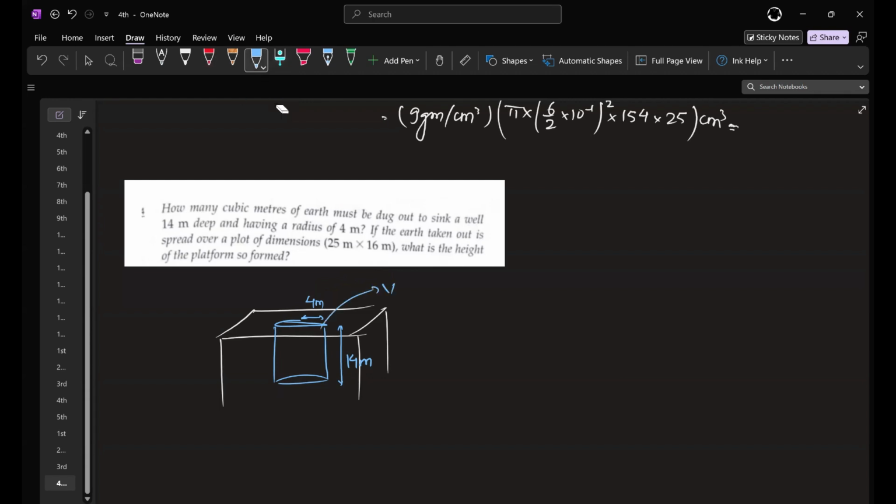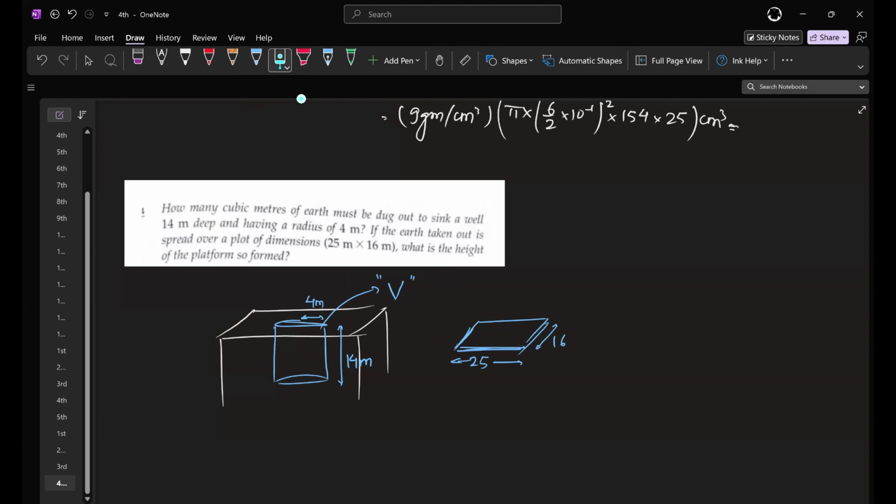Let's say this is V, capital V. Now the same volume is being spread over a plot of dimensions 25 into 16. Let's suppose this is the plot they are talking about.